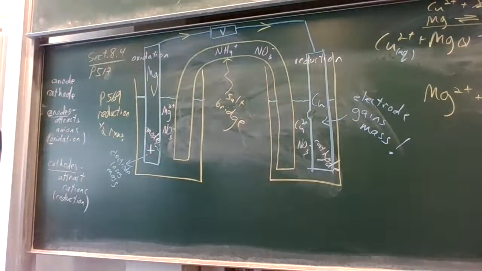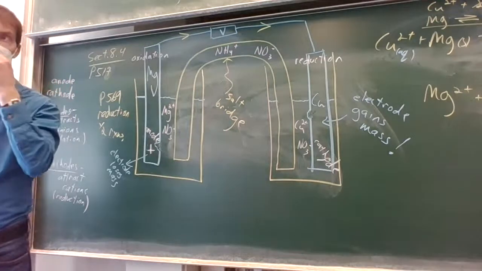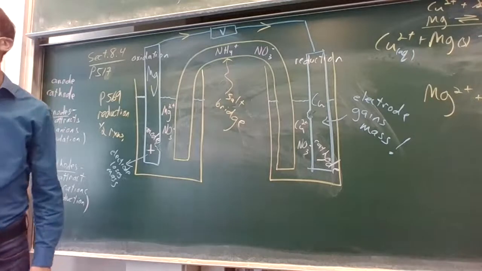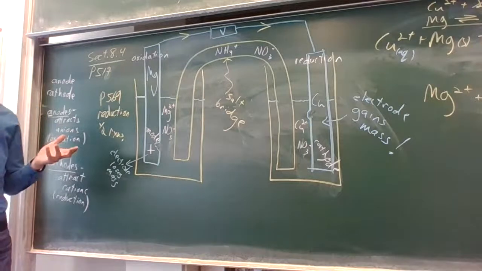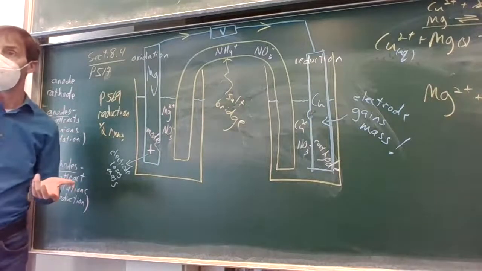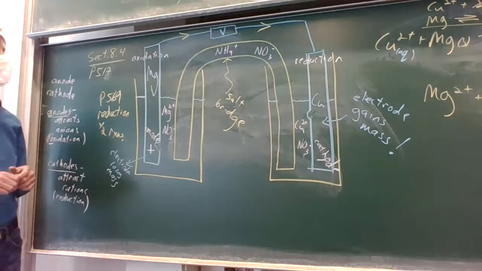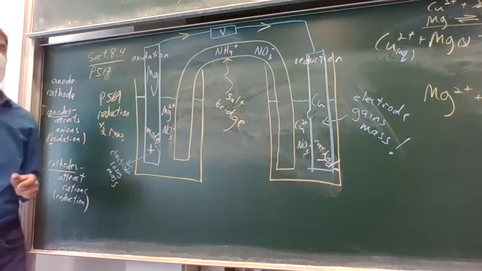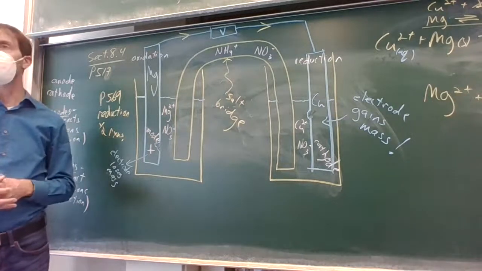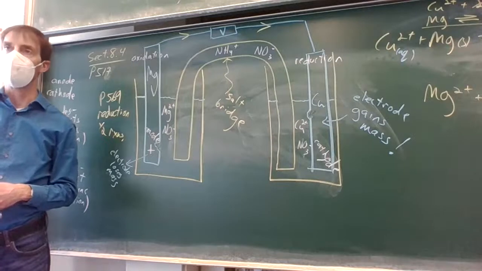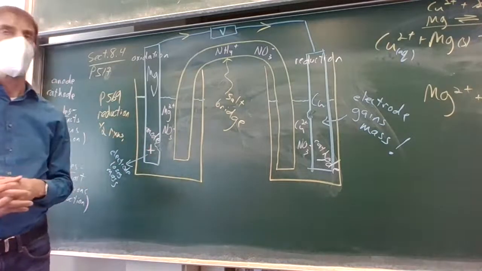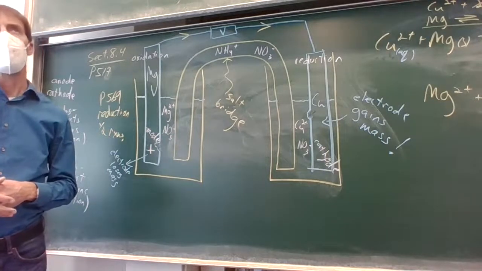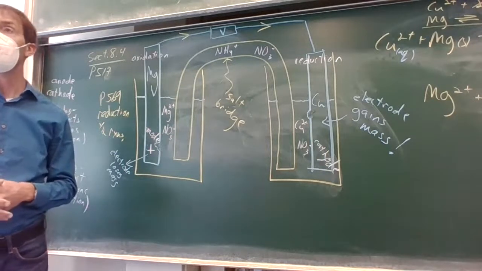How would we encounter this on the AP then? How would a question about this be phrased? It would be, let's make it an FRQ. You ready? Okay, FRQ. In the diagram up above, electrons are going which direction, and justify your answer, part A. In the diagram up above, the electrode that's losing mass is which one?